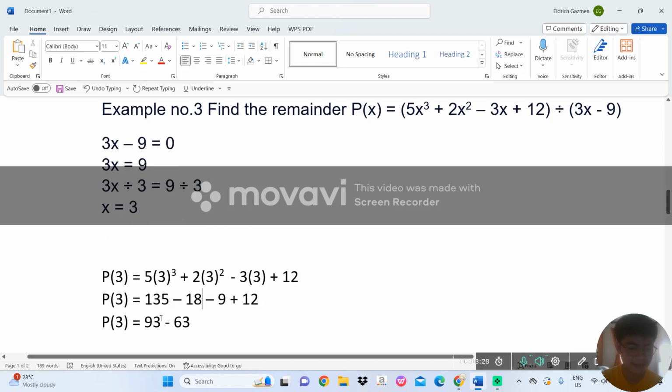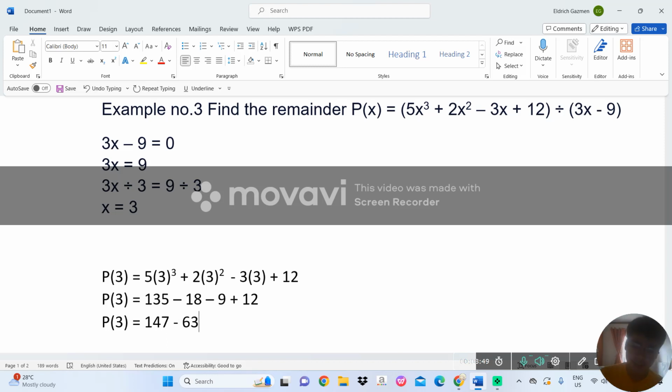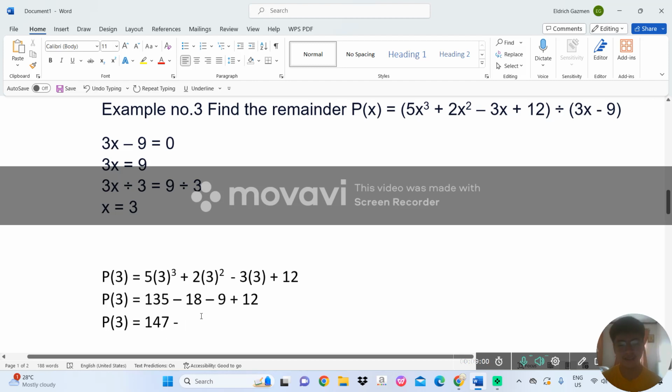Okay, first we have to add everything before we subtract, as I said earlier. So 135 plus 12 is 147. And since both of these have the same signs, we will also add both of them. So negative 18 plus negative 9 is negative 27.